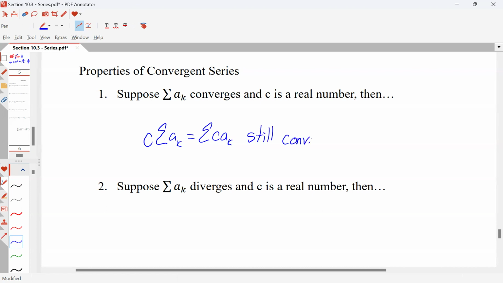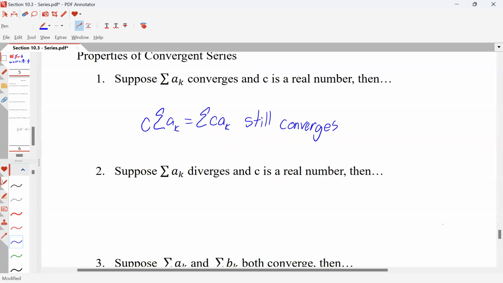Because if a series is converging, it means it's going to a finite number. And if I multiply by a real number, a real number times a real number is a real number.